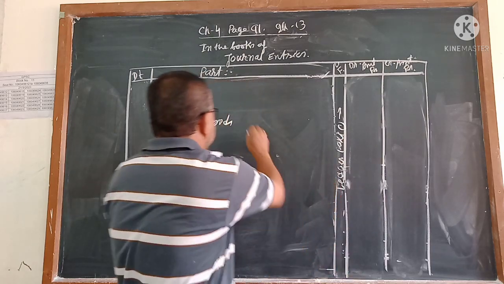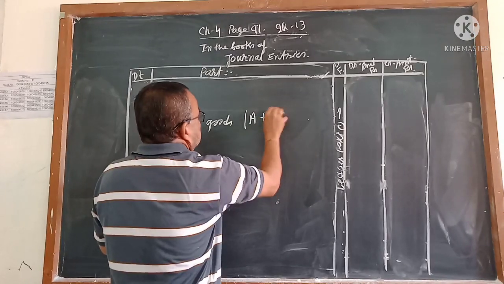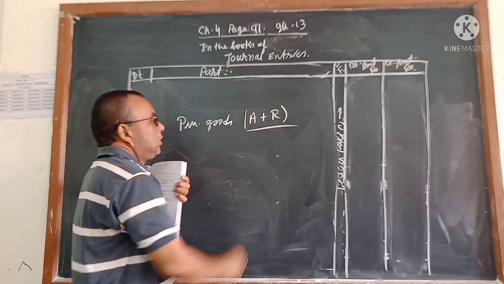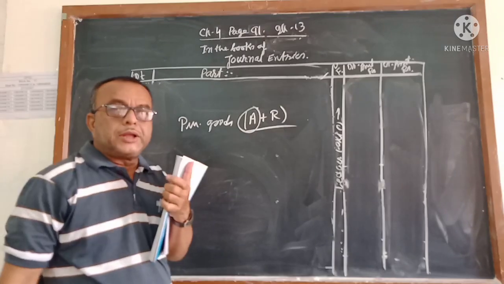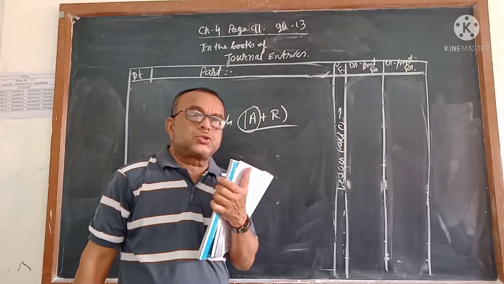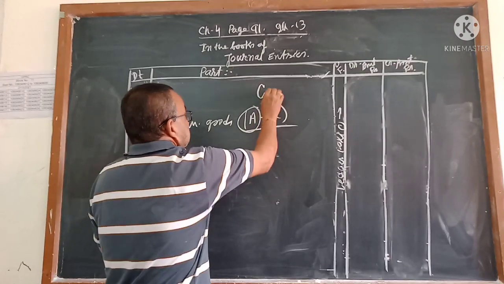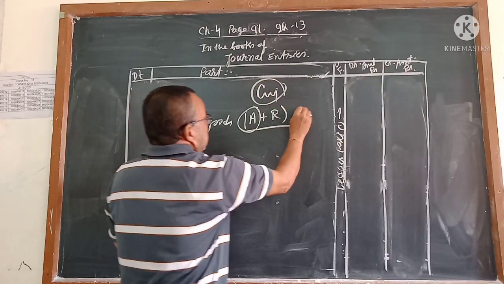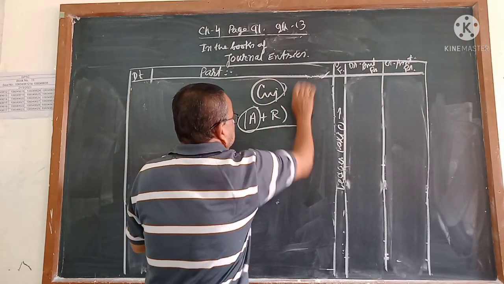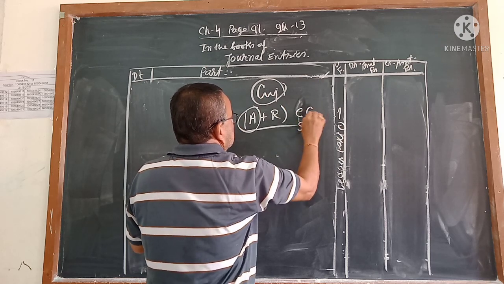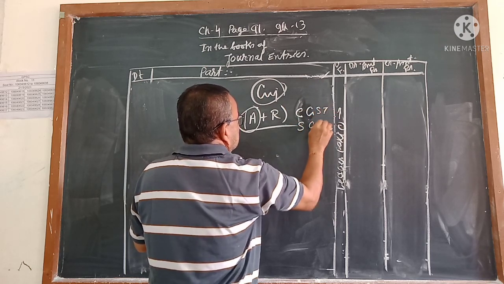Suppose the transaction takes place between Ahmedabad and Rajkot. You are in Ahmedabad. If the transaction takes place between Ahmedabad and Rajkot, both are in Gujarat, so central and state GST will be applicable.